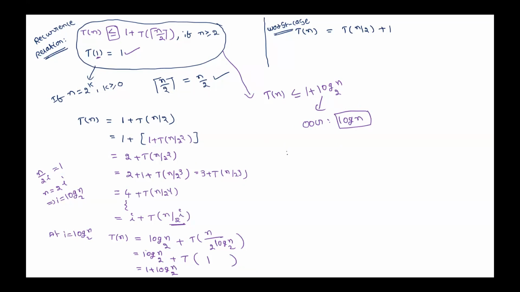Now, if T of n is worst case running time, can we represent it as big O of log n?